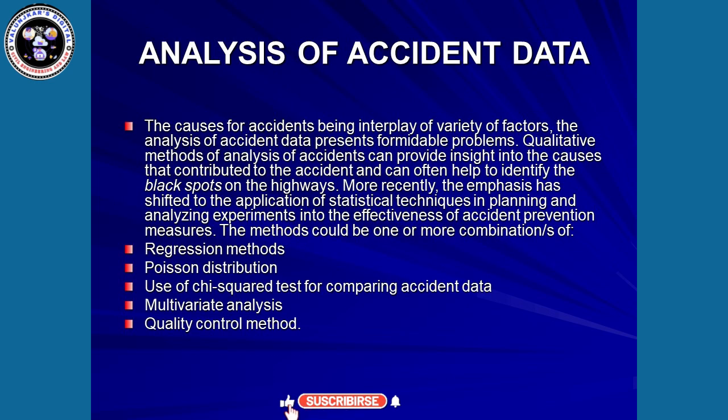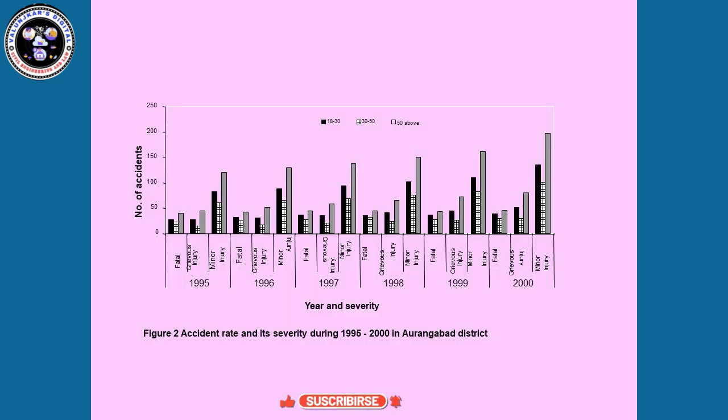The analysis of accident data. These are the varieties of factors, regression methods, Poisson distribution, use of the chi-square test for comparison of accident data, multivariate analysis, quality control methods. These are the accident rate and severity during 1995 to 2000 in Aurangabad district.